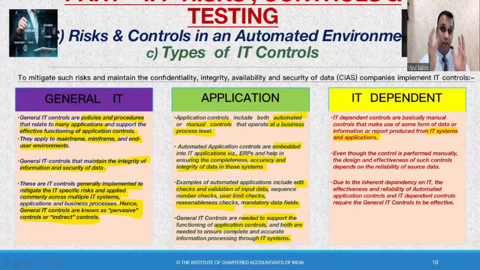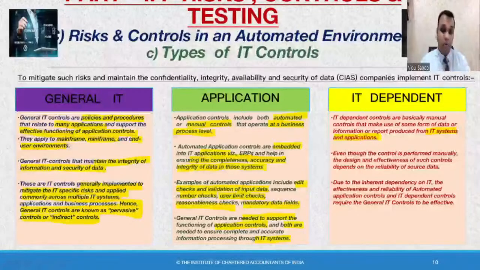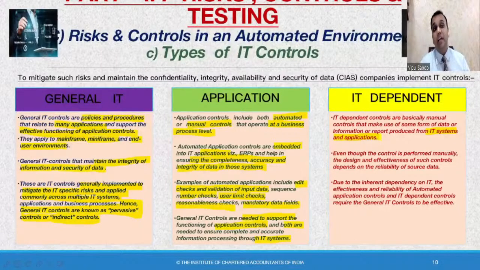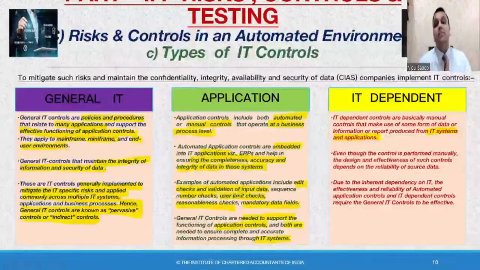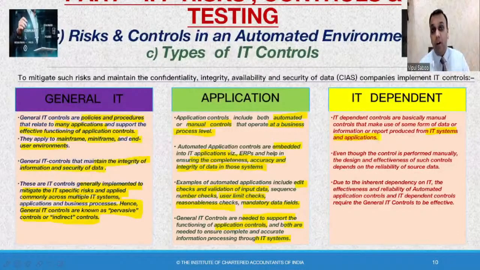So these are the controls. I need to put in place the controls to check whether the report, the data, the information given to me by the system is accurate as per the data fed into the system, or there is a minor change, or there is inaccurate processing of data. To check the inaccurate processing of data, for example, we need IT dependent controls.